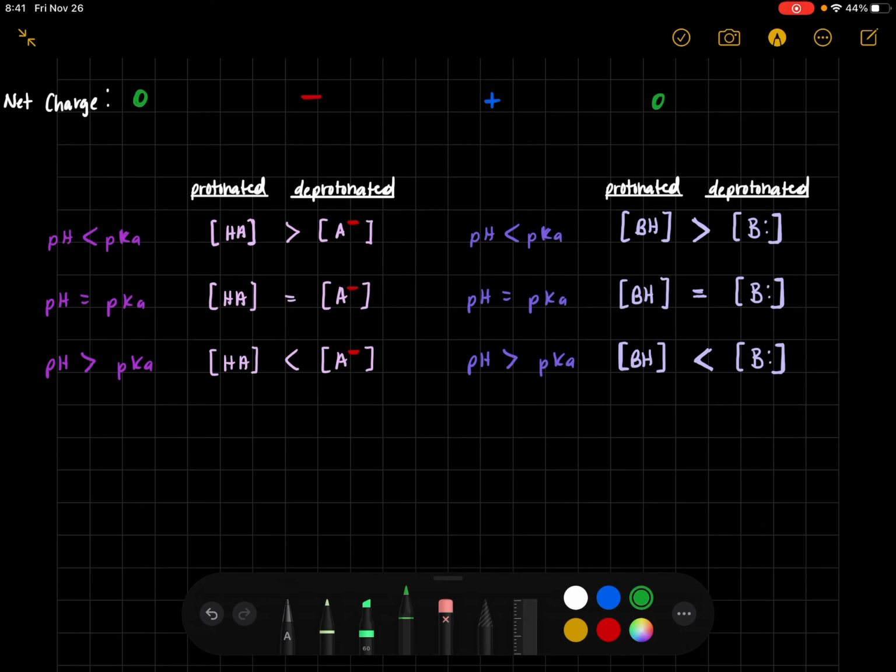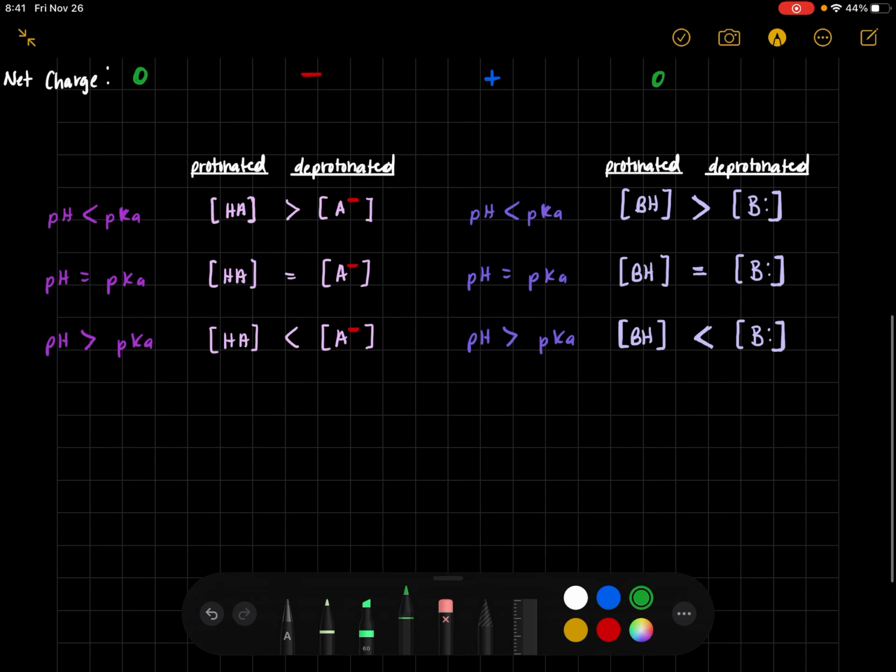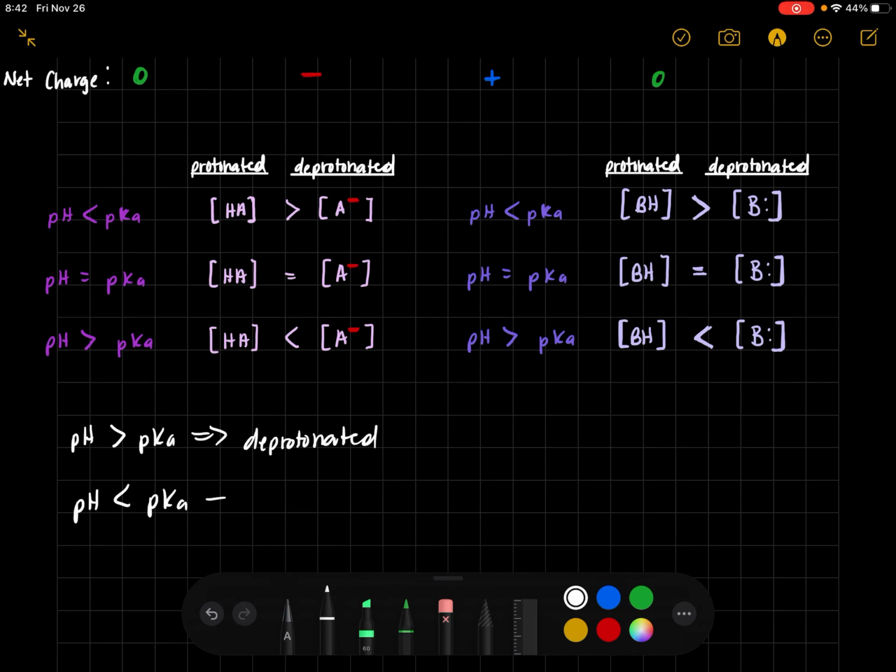I'll write that down. So when pH is greater than pKa, the group is deprotonated. And when pH is less than pKa, the group is protonated.